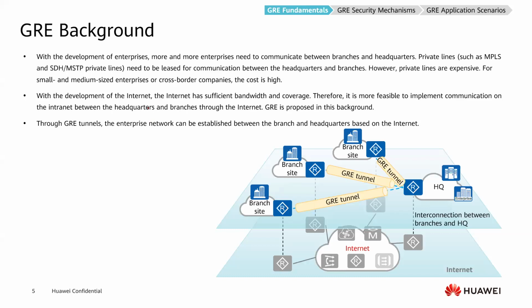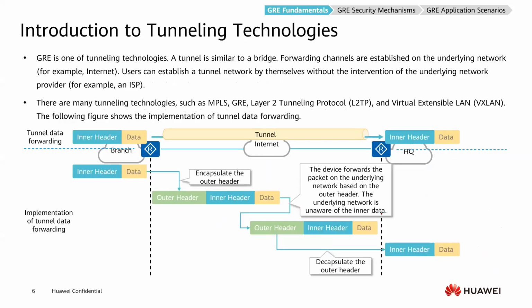A little bit of background: if a company wants to create communication between a branch and headquarters, and you think the private line is too expensive, so you only purchase the internet, in that circumstance you can use GRE to create the WAN connection between your branch and headquarters.